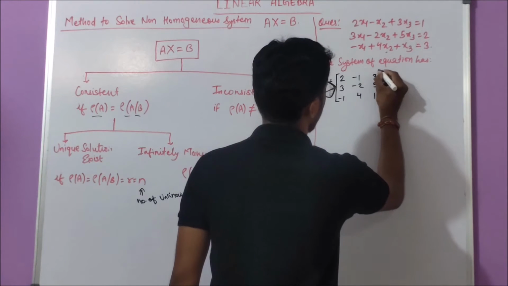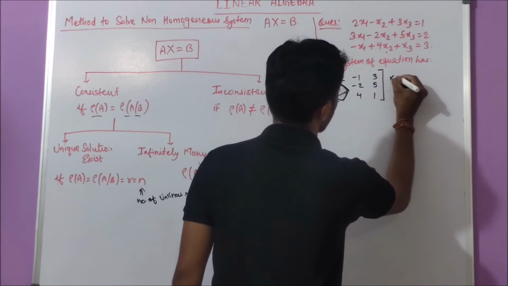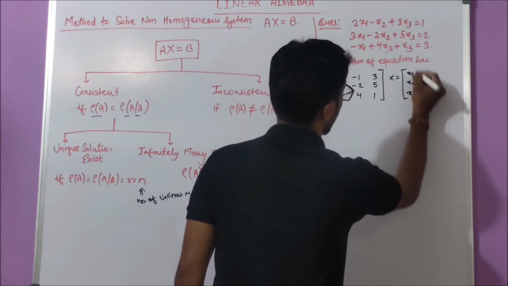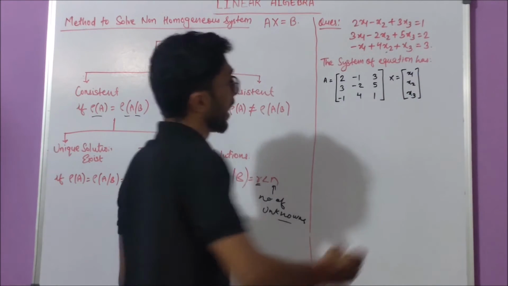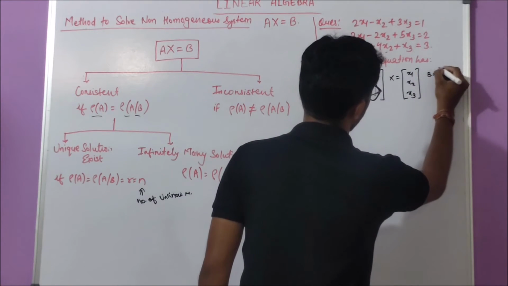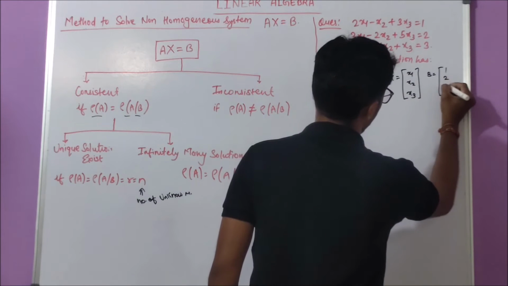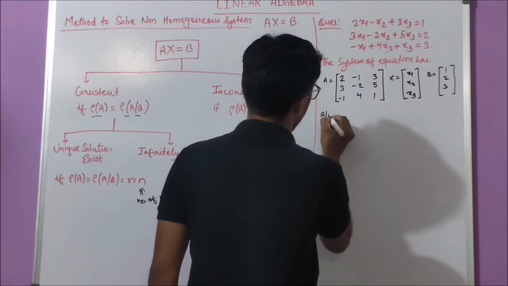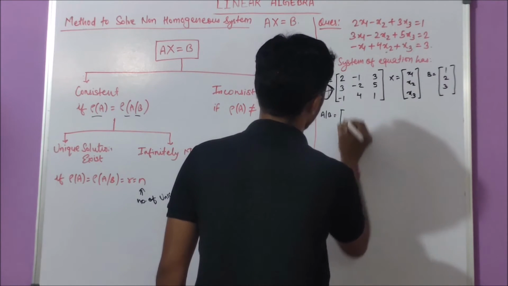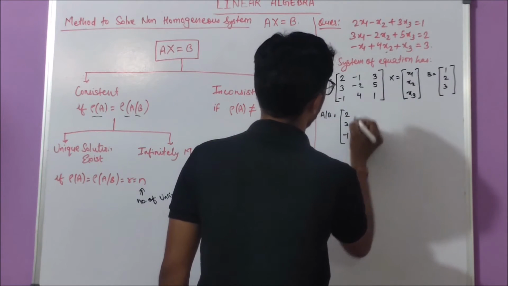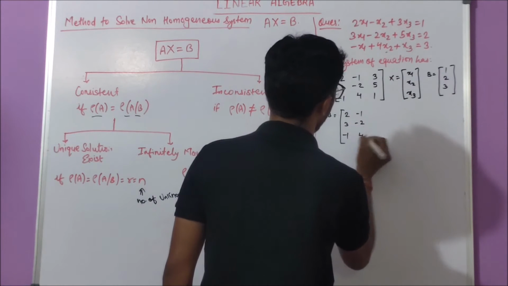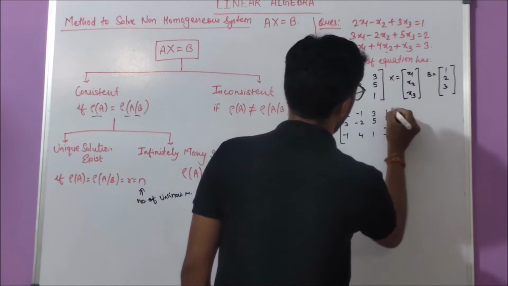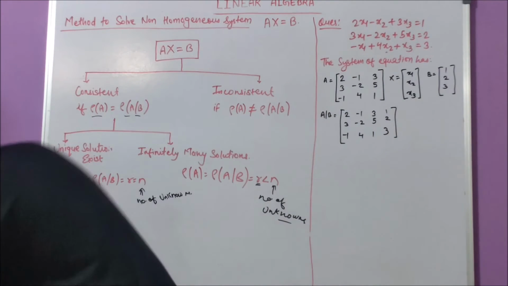This is our matrix A. Second is X, which is x1, x2, x3, containing all the variables, and the third is B, which contains the RHS: 1, 2, 3. And our augmented matrix A, B is 2, 3, minus 1, minus 1, minus 2, 4, 3, 5, 1, 1, 2, 3. Let me check I have written it correctly or not.